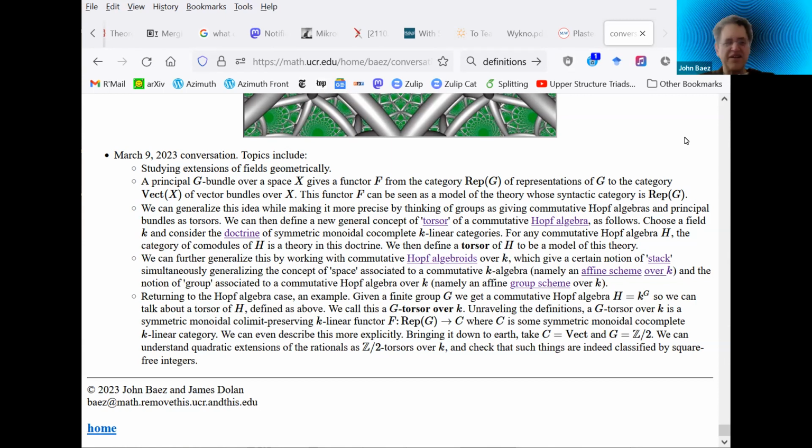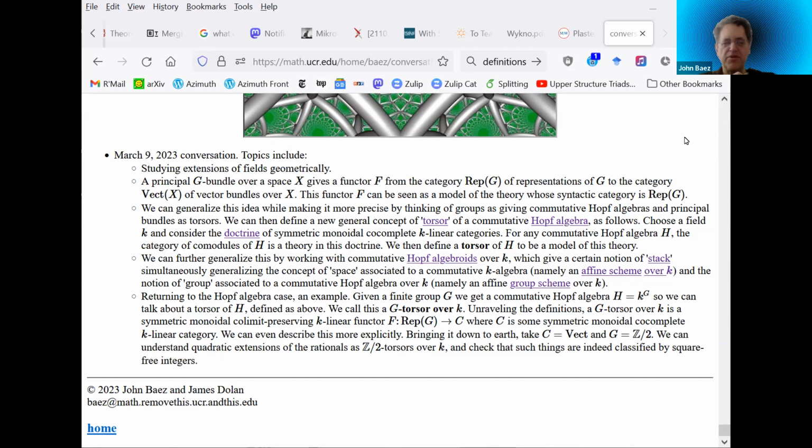Yeah. So this is a way of thinking of the associated bundle construction, a preliminary sort of way. We're thinking of this functor as going from some category of some kind to some other category of more or less the same kind, although vector bundles is not quite as nice a category as representations of G. But that whole way of thinking makes you think of F as giving a model of a theory in some doctrine.